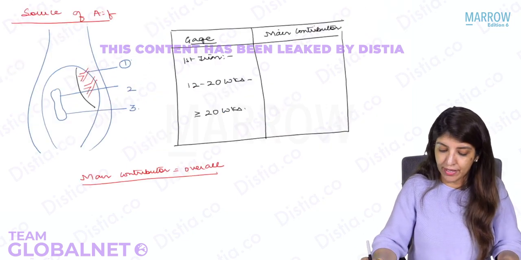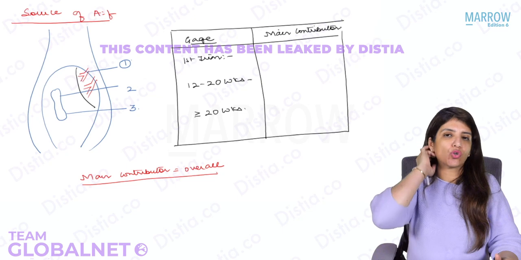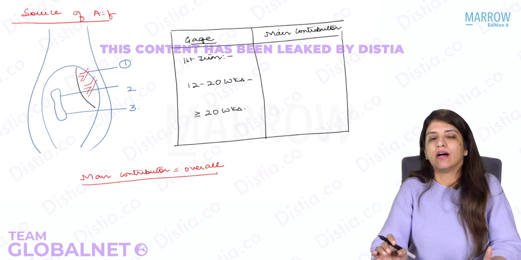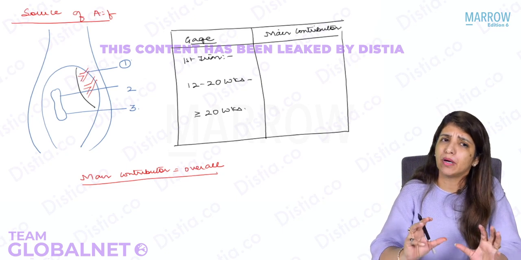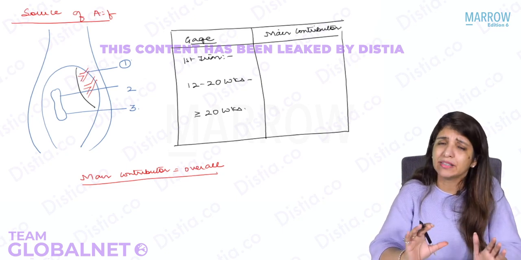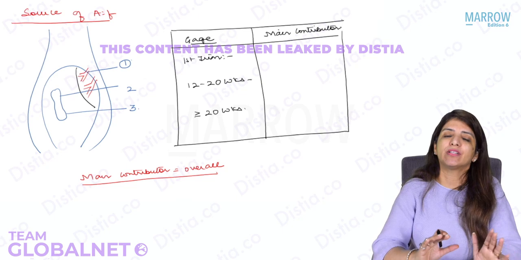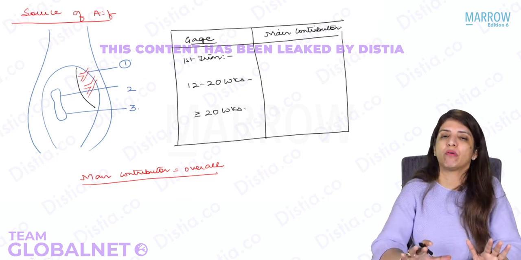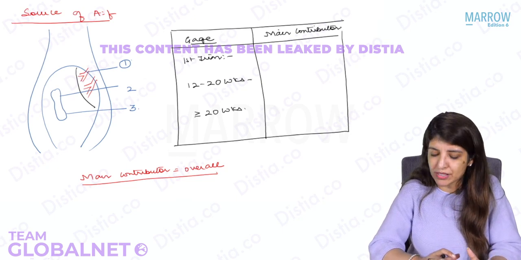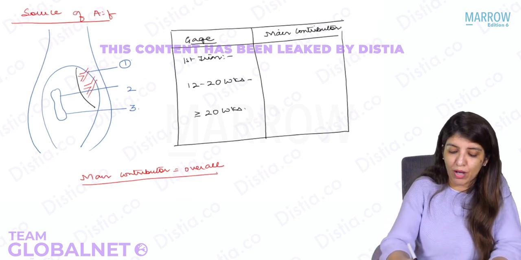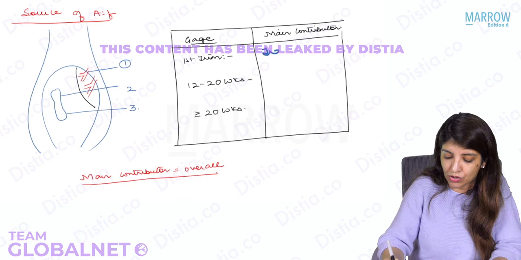Right? Okay. Next, what is the source of amniotic fluid? See, the source of amniotic fluid, basically there are some sources which you have to remember. There are many sources, but there are 3 of them which you will have to remember from your MCQ point of view. Number 1, in first trimester, the main contributor to amniotic fluid is a transudate of maternal plasma.